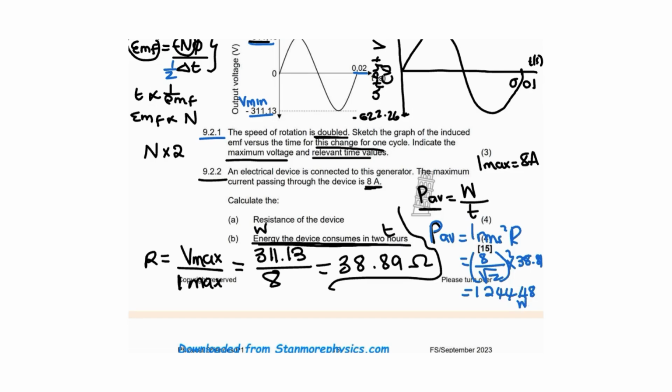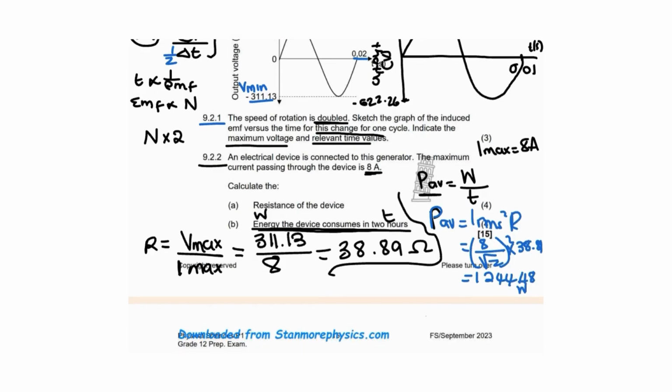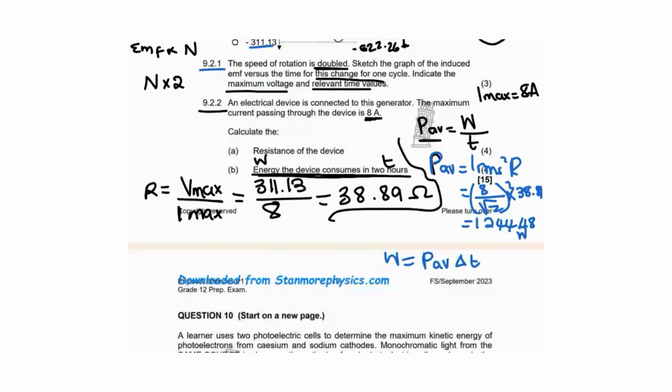1244,48 watts. Then we are looking for work, so work would be P average times the time, and time, remember, must always be in seconds. So that is 1244,48 times 2 hours times 60 minutes times 60 seconds, because we need to move from hours to minutes, and from minutes to seconds.